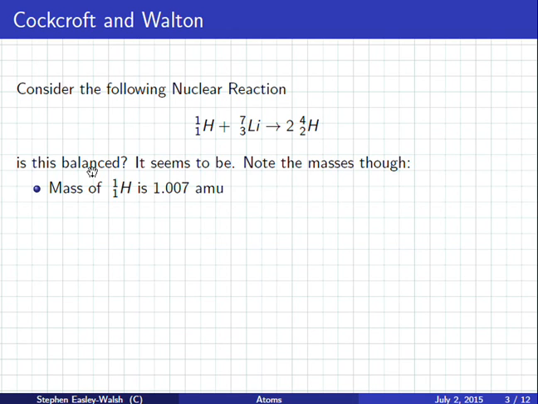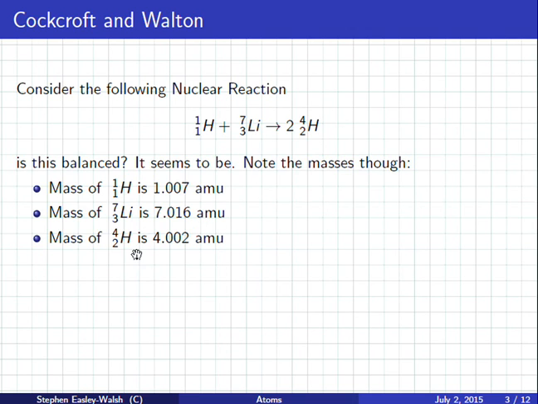So the mass of hydrogen 1 is 1.007 AMUs. Remember AMU? It's something like 10 to the minus 27 kilograms. The mass of lithium 7 is about 7 again. And the mass of helium, which has 2 protons, is about 4.